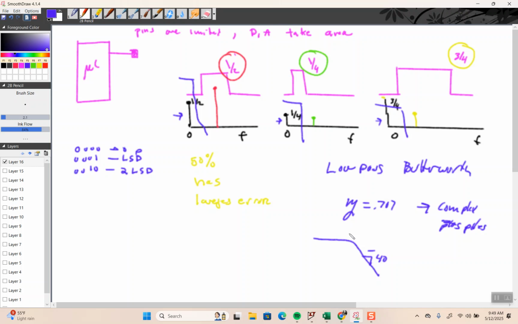So now, I guess the question is, I have a DC, which is going to go up and down, and then I have my fundamental harmonic up and down.